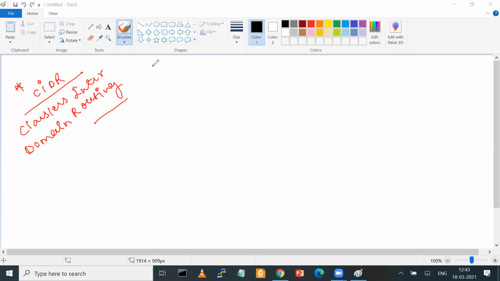What is classful and what is classless? First, we have to understand this. Classful means default subnets, that means a network with the default subnet mask. Classless means a network which has had subnetting done.